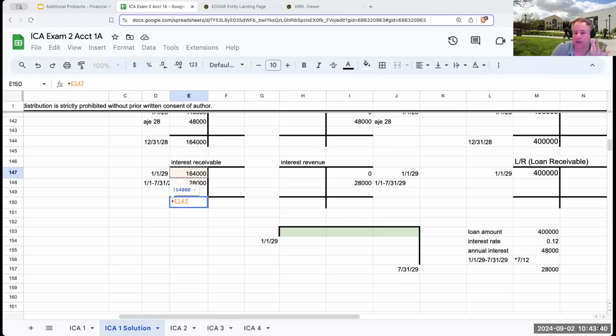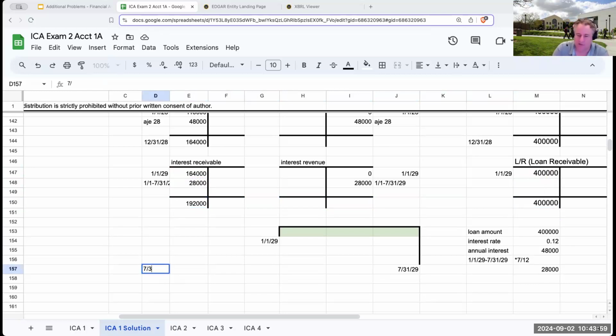Well, how much are they going to pay me? They're not only going to pay me back the loan, they're going to pay me a total of 592,000. The $400,000 for the loan, and then they're going to pay me the interest. So how do we go through and record this?